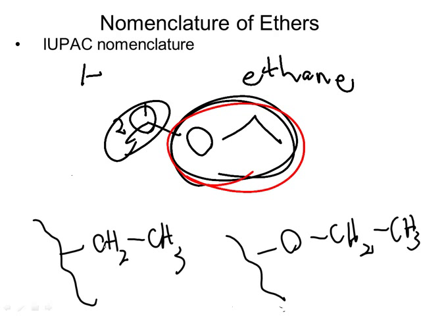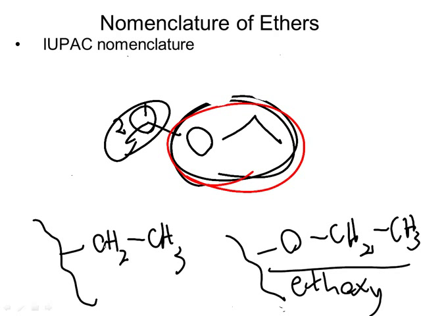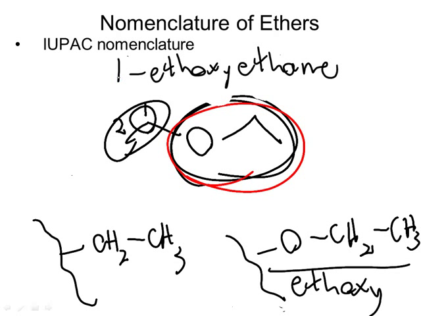An oxygen with an ethyl group on it is collectively called an ethoxy group, which is what we have here. So this becomes 1-ethoxy, and there shouldn't be a space. Let me rewrite the whole thing. So it's going to be 1-ethoxyethane, right there, 1-ethoxyethane.